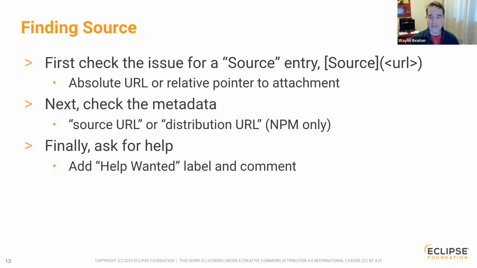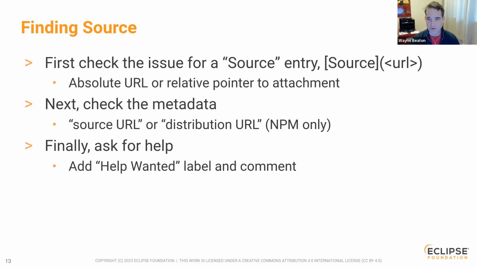But if you create an issue on IP Lab or update an existing issue on IP Lab, if you set a source entry in the markdown, I showed the format there, square bracket source, square bracket, round bracket, URL, round bracket, that's the URL that the backend will use to find the source. It currently only supports archives, which is fine because that tends to work most of the time.